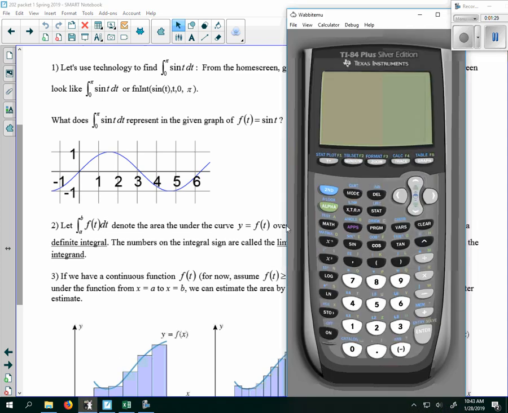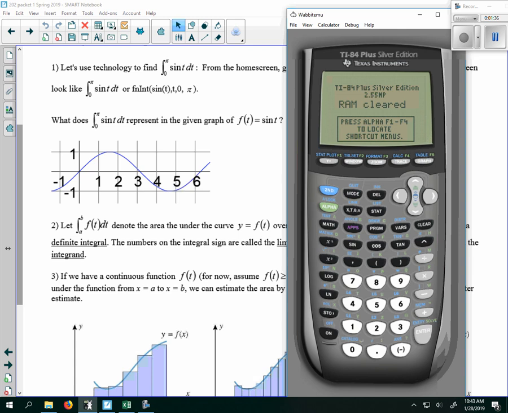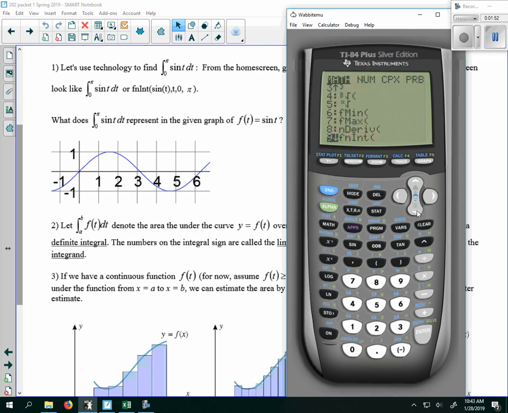So we go math. Smartboard is not working well today. There we go. Math. Oh, what the heck? Math. Okay, choose function integration.